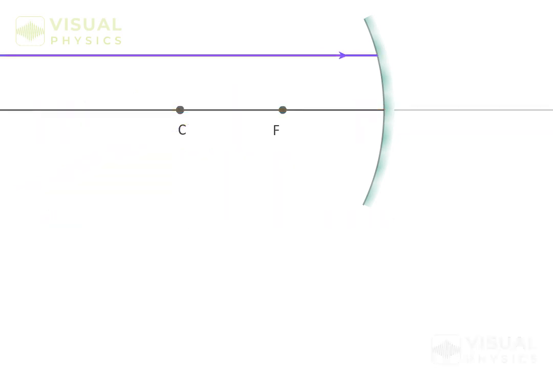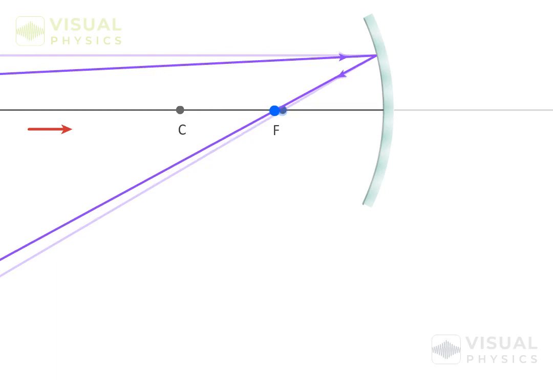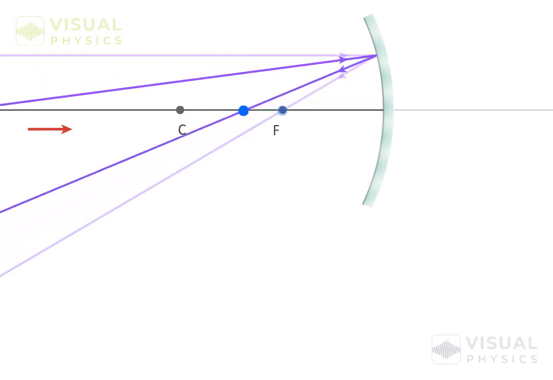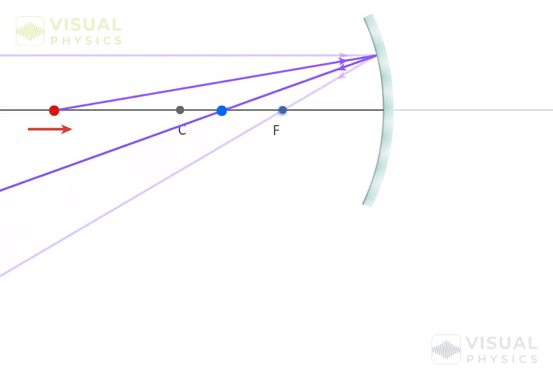Now, here the point to note is that if the object is at infinity, then we can consider the rays coming from it to be almost parallel and close to principal axis, and the reflected rays will converge at focus, and thus the image is formed at focus. As the object moves towards the center of curvature, then the angle of incidence, and thus the angle of reflection, will decrease.